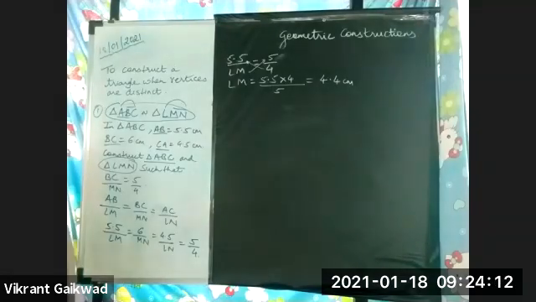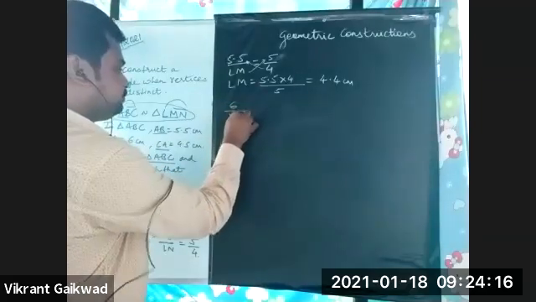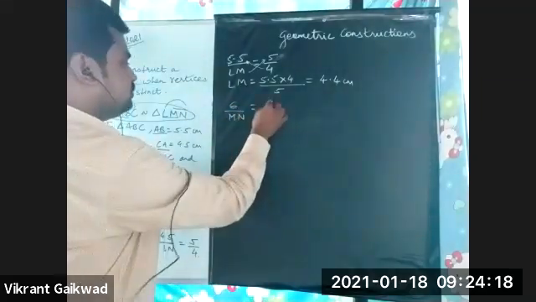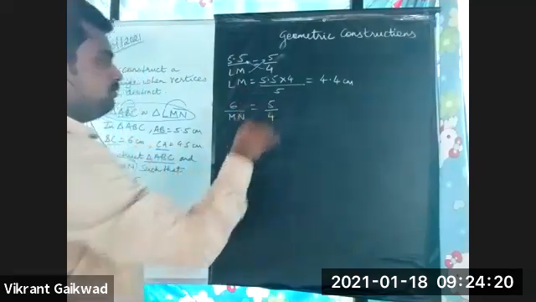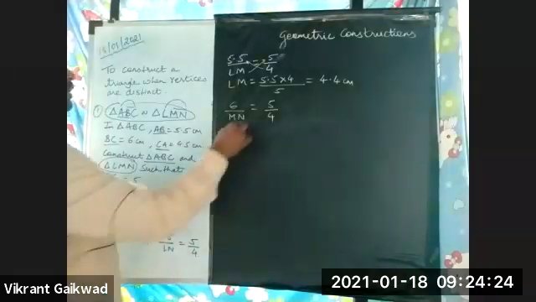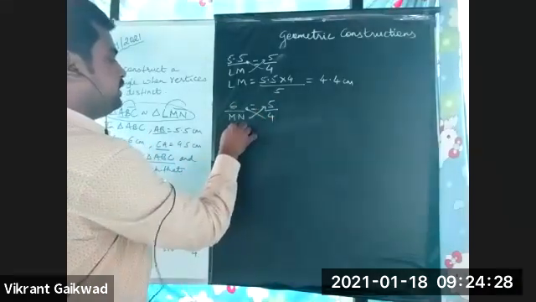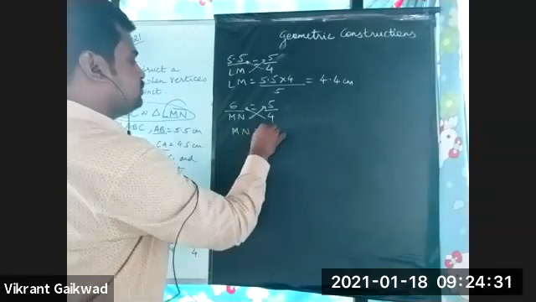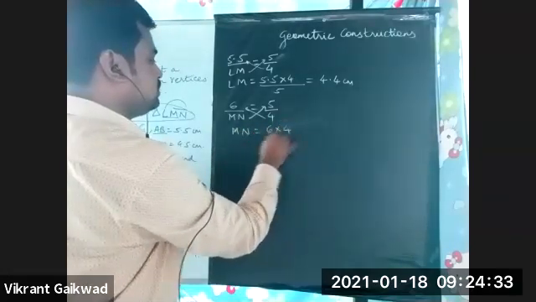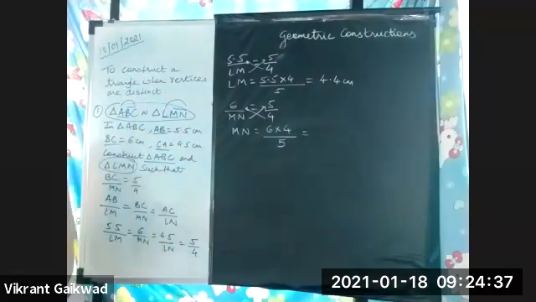After that, I'm going to take the second ratio, 6 upon MN equals 5 upon 4. So again I'm going to cross multiply. So MN equals 6 into 4 divided by 5.